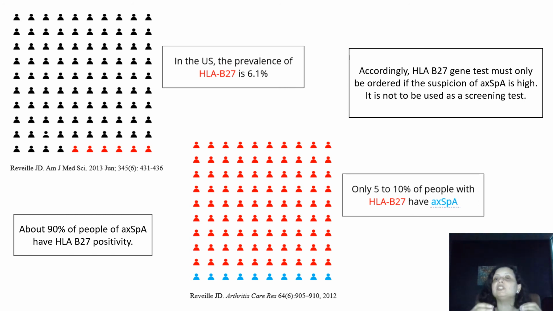So even if the gene test is positive, take it with a grain of salt, right? So the take-home point is order this HLA-B27 test only and only if you suspect that this person has axial spondyloarthritis. Don't use this as just a screening test for all people who have back pain. Otherwise, you will spiral down a rabbit hole.